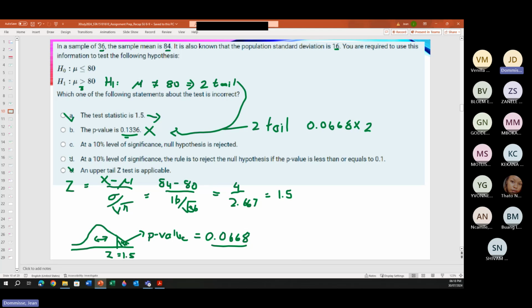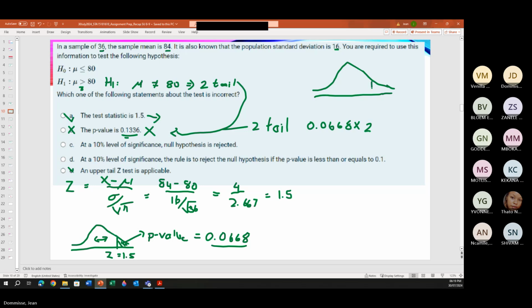So again, that is why that one is also correct, option E. And then just quickly, at the 10% level of significance, the null hypothesis is rejected. So let's just look at this, because they never told us what the critical value is. So we only now worked out what the t-stat is, that is 1.5.